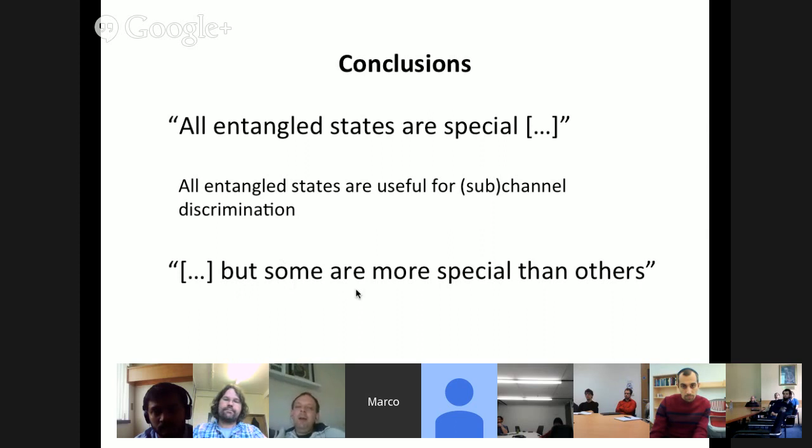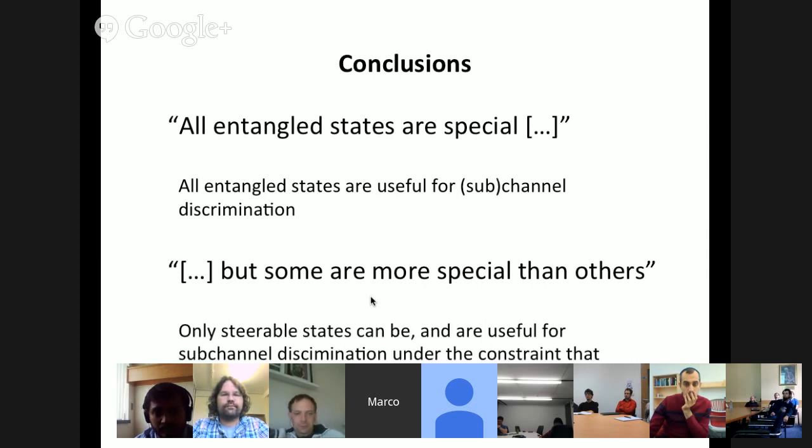Later, I proved or argued that some entangled states are more special than others. And by some, I mean the steerable ones. Indeed, only steerable states can be and stay useful for subchannel discrimination under the, I'd say, physically relevant and conceptually meaningful constraint that the measurements are performed by one-way LOCC.